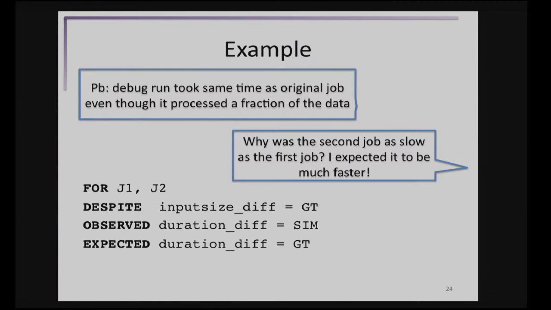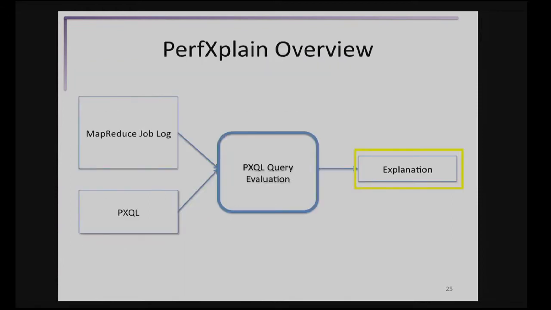So I have my two jobs, J1, J2. J1 is the full, J2 is the debug run. I will say that I expected the duration to be greater than, so J2 to be much faster than J1. I observed that they were similar, and all of this despite the fact that the input data size was much smaller for J2. So given this as an input, what Pixel will do is now generate an explanation.